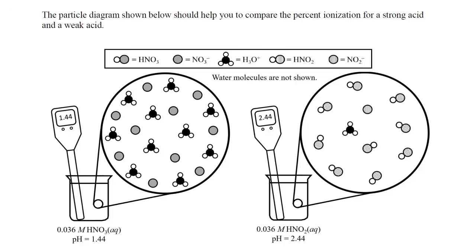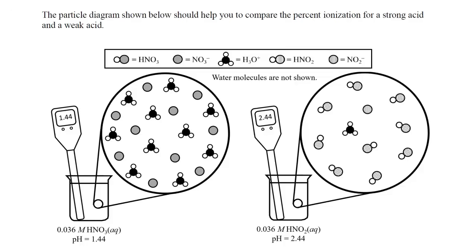Now, let's focus our attention in the particle diagram on the left. I see a beaker, and it contains a 0.036 molar solution of HNO3, which is nitric acid.